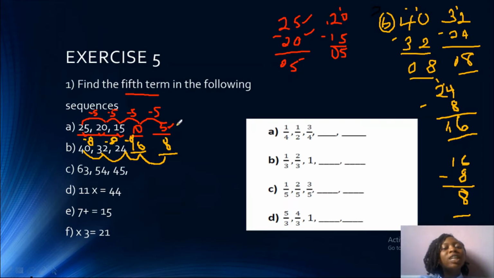So I want us to see something else. In mathematics, there are different ways to solve a particular question. So with the A and B, if we turn it around from the fifth term to the first term, what can we see there? We can see 5, 10, 15, 20, 25, and so on.